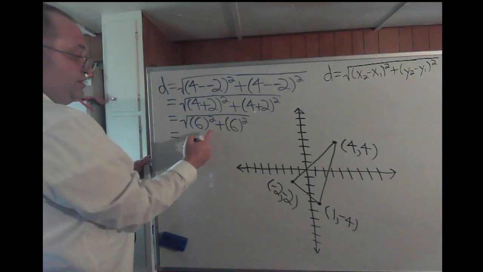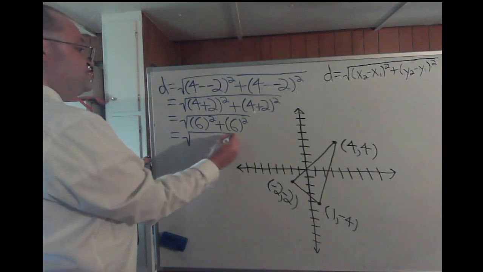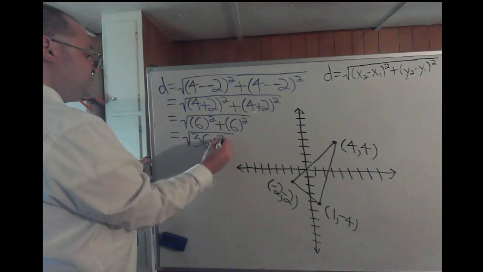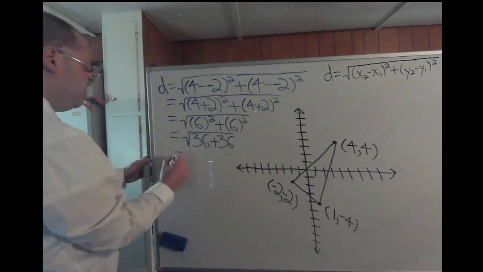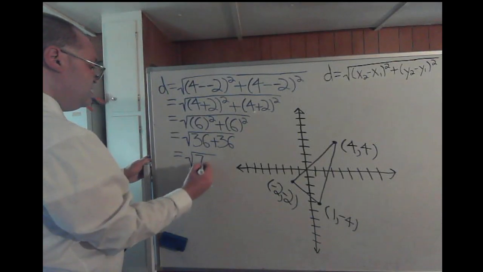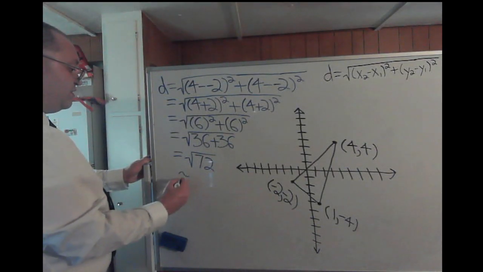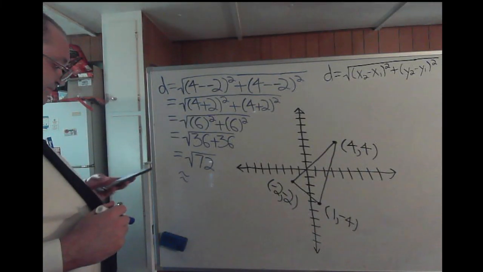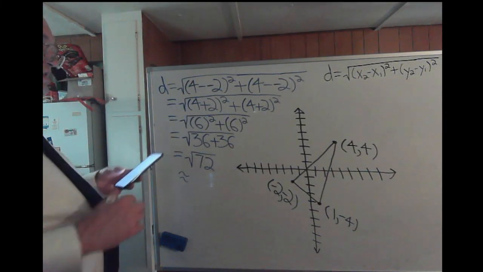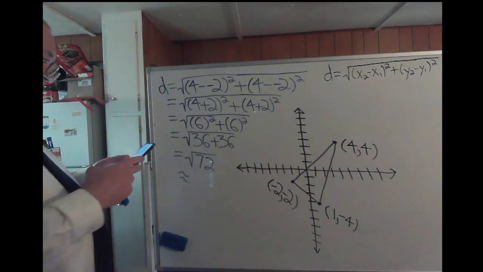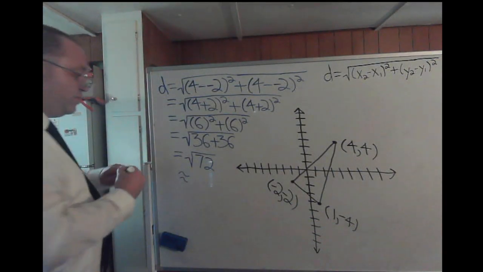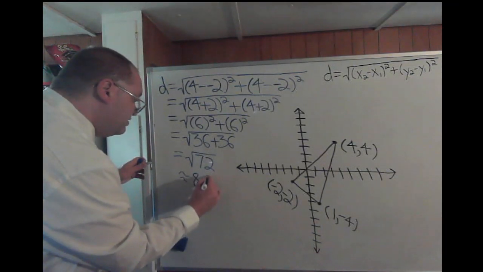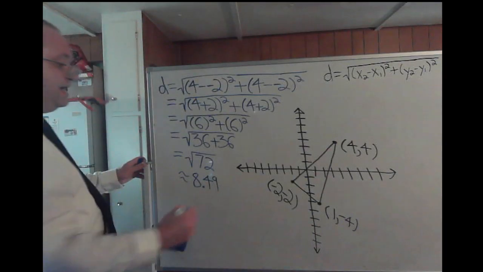Now we do the exponents underneath the square root. 6 to the second power, that's 36, plus 6 to the second power, that's 36, which would equal the square root of 72, which is not a perfect square, so we want to find the result to 2 decimal places, or to the nearest hundredth, however you prefer to say it. So the square root of 72 is about 8.49.